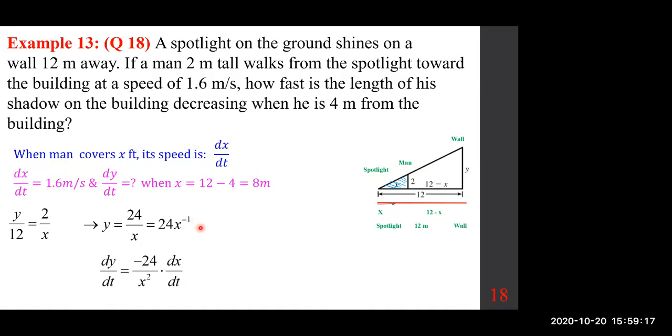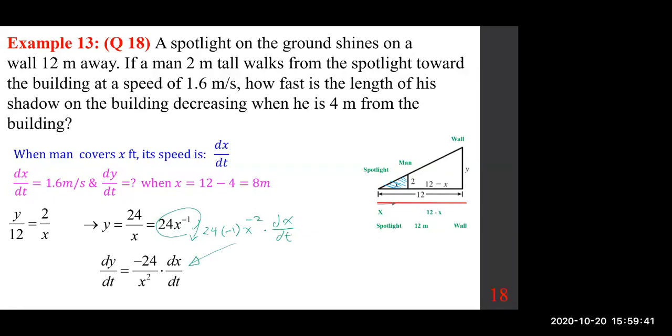Okay, so maybe I write that. This part should give you 24 times -1, x to the power of -2 dx dt, and you rewrite it in this fashion.